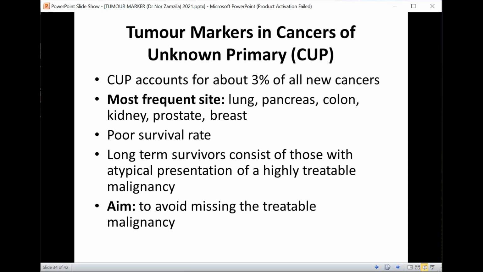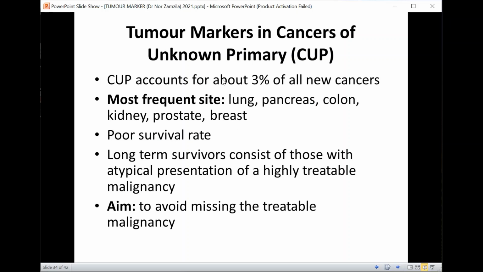These cancers of unknown primary account for about 3% of new cancers. In autopsy studies, the most frequent sites of the primary tumor are the lungs, pancreas, colon, kidney, prostate, and breast.